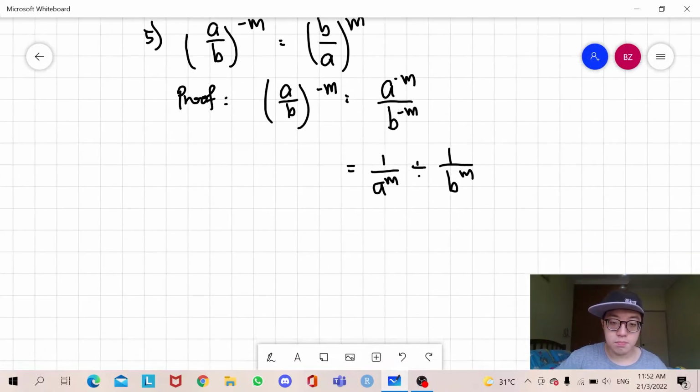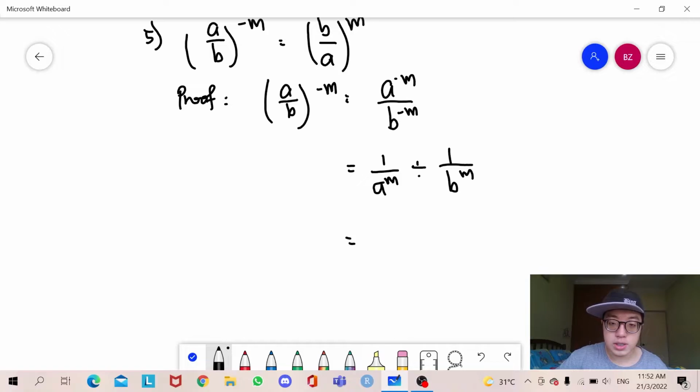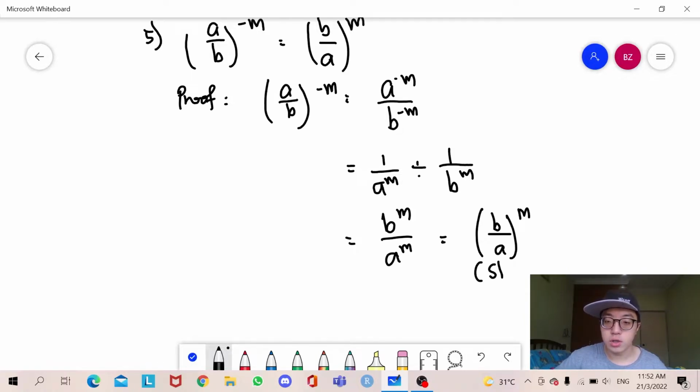By simple math, you can see that this is equivalent to b over a to the power of m, as shown. This is a little bit of proof of why we can just flip the fraction if we get a power of negative.